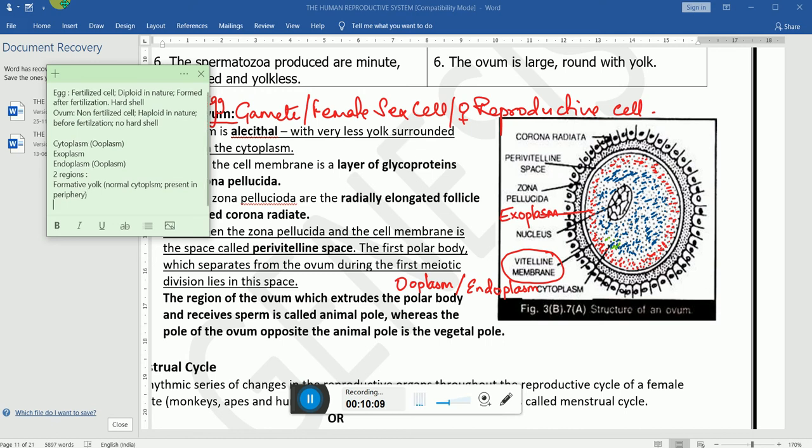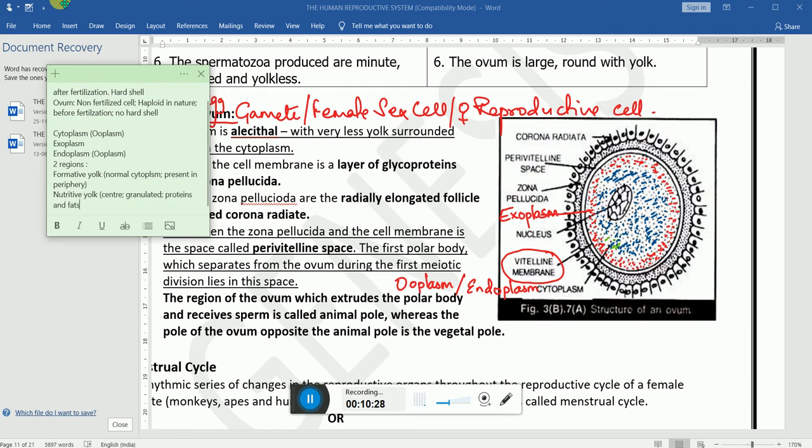Whereas the nutritive yolk, students, is present in the center, and it is granulated. It's made up of proteins and fats, and it is very less.